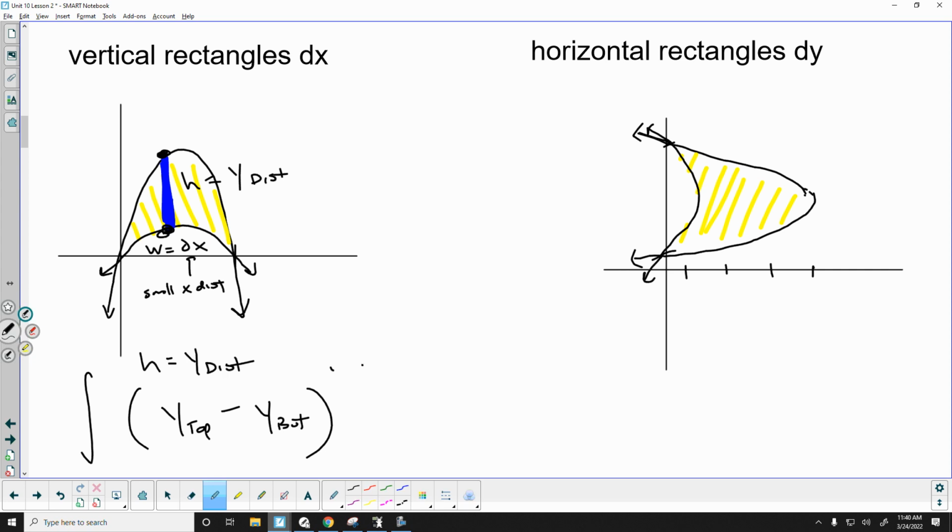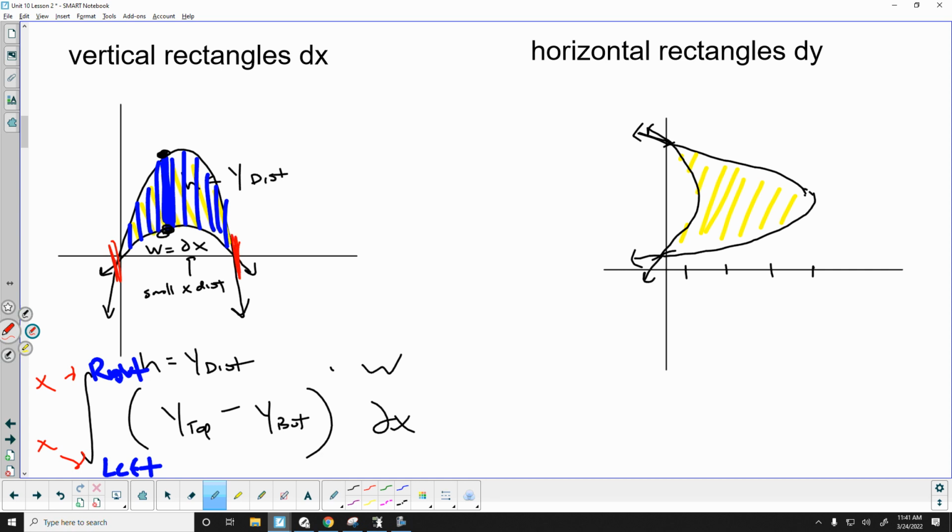The width is a very, very small x distance. We sum them from a left to a right to cover all of the area. However, these are x coordinates, an x left, an x right, right? This x coordinate here, this x coordinate here.